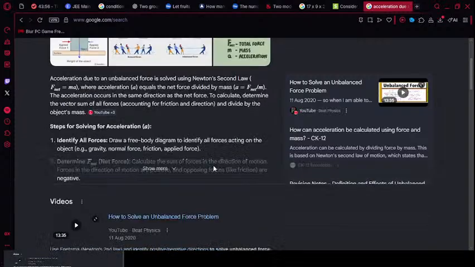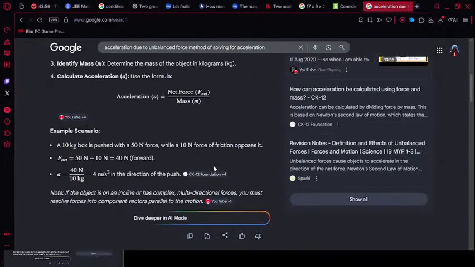F net, M1G plus F, plus M2G. Wait, let me check the equation.